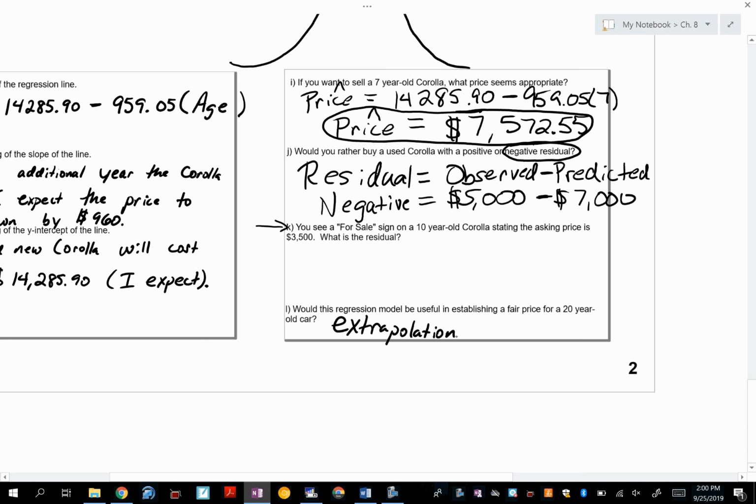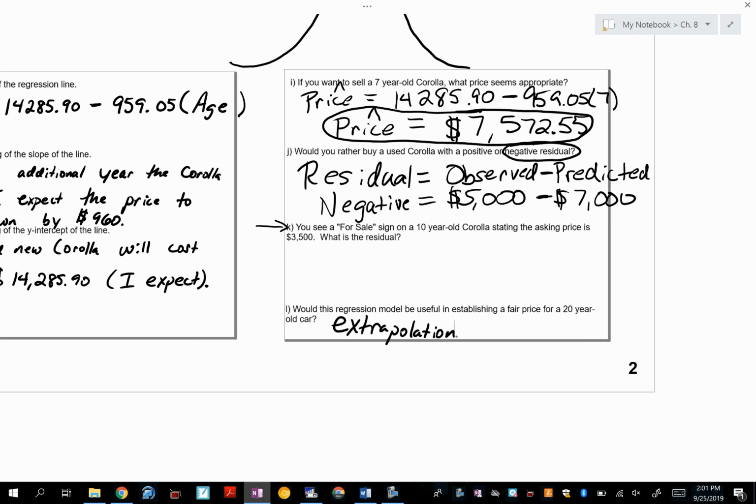Extrapolation means that you're using the model to go beyond your actual data values. We went from a 1-year-old car to a 13-year-old car, and now we're saying 20-year-old car? We only went to 13. So if you do any modeling past that, that's called extrapolation. It's okay to do it, but you might get into trouble.